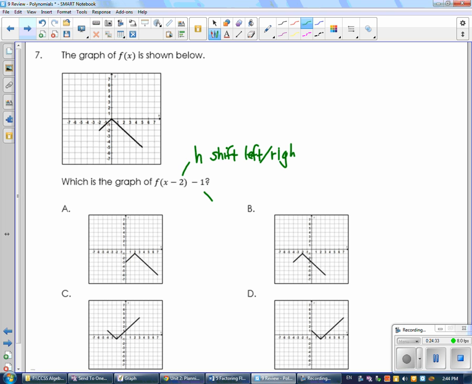The number on the outside here, that minus 1, is your k value, and it shifts the graph up and down. Okay. Notice that the coefficient of f of x is just a positive 1, so I don't have to worry about reflecting the graph or stretching or compressing it. I'm basically going to take this picture.